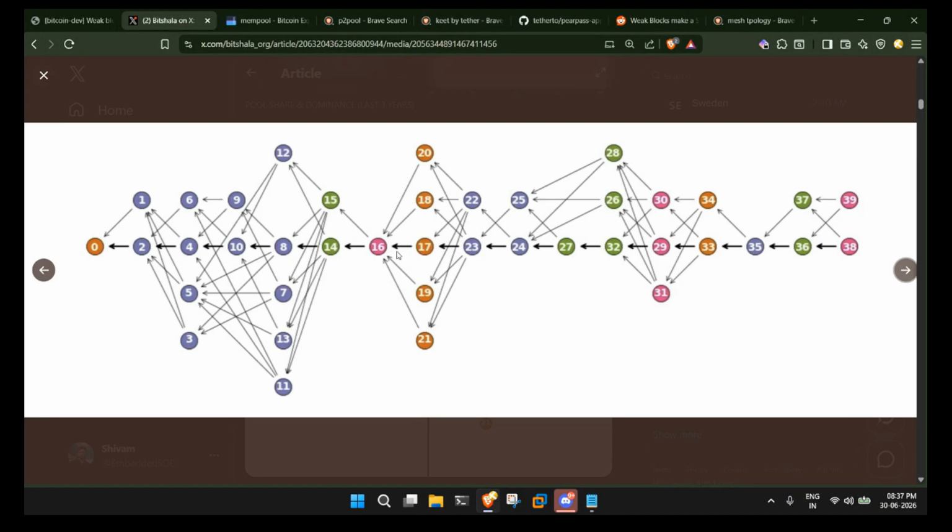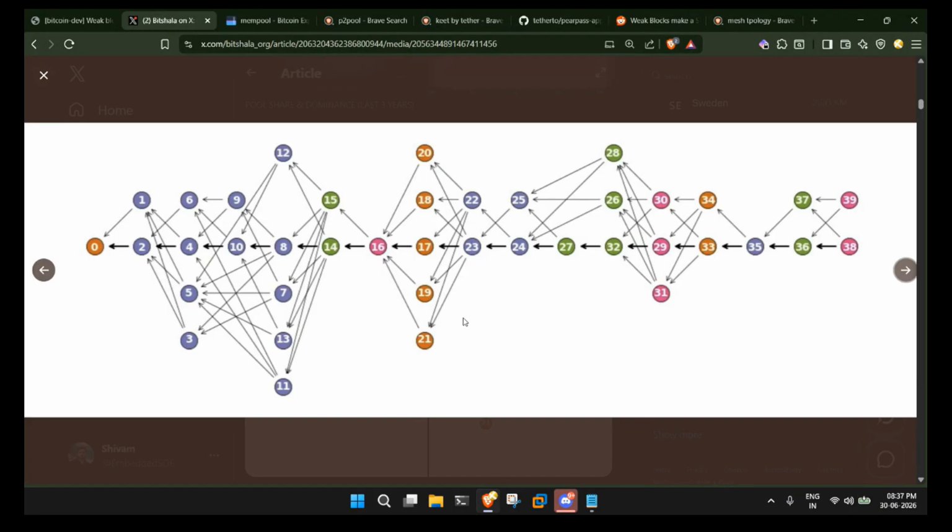Are these miners? No, these are not miners. These are the weak blocks which we discussed. It might happen you have contributed 10 blocks, and they would be 0, 1, 10, 8, 17, 23 or anything. So there is a numbering system, and based on that, they will calculate all those things.